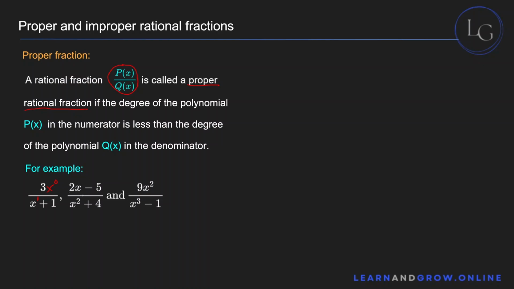Over here, the highest degree of x in the numerator is 1, and the highest degree of x in the denominator is 2. So 1 is less than 2, so this is also a proper fraction. And similarly in this one, the highest degree of x in the numerator is 2, and the highest degree of x in the denominator is 3. So 2 is less than 3, so this is also a proper fraction.